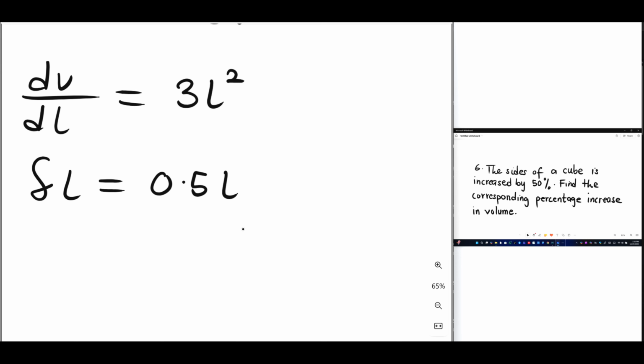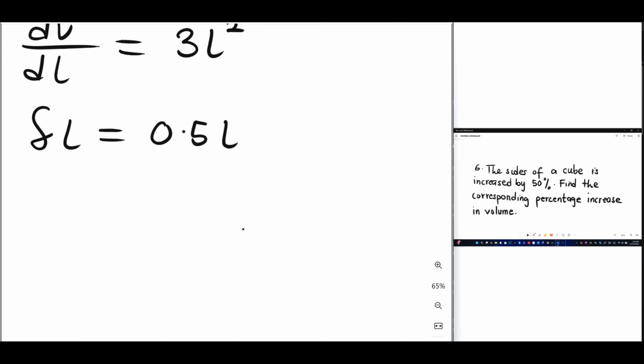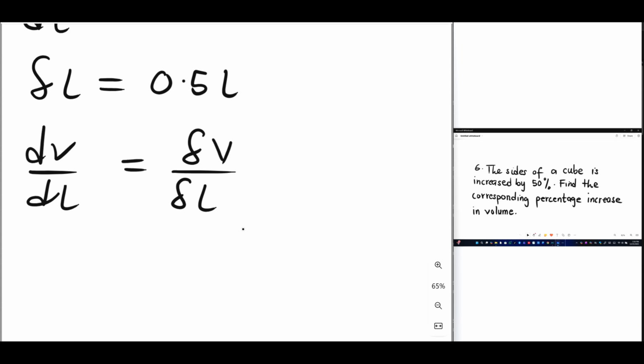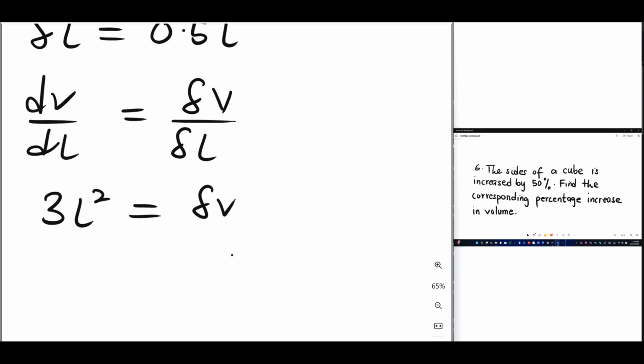We can now substitute this into the formula, which is dV/dL equal to the small change in V divided by the small change in L. We know dV/dL to be 3L squared, equal to the small change in V, which is the focus, divided by the small change in L, which is 0.5L.